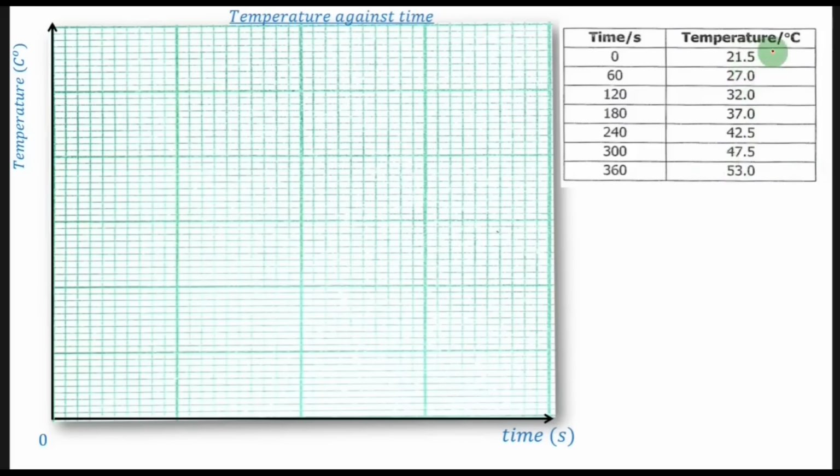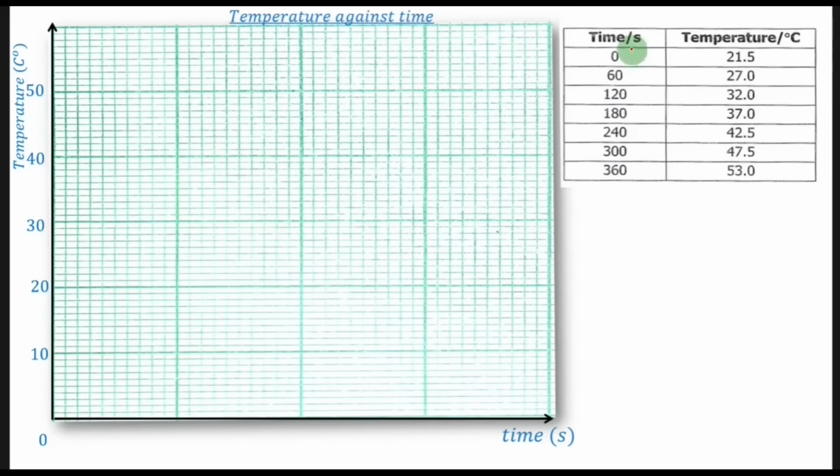I could have started from 20, but I just started from 0 up to 50. So this will be 10, 20, 30, 40, 50, but I'm ending at 53, which is in between these lines.